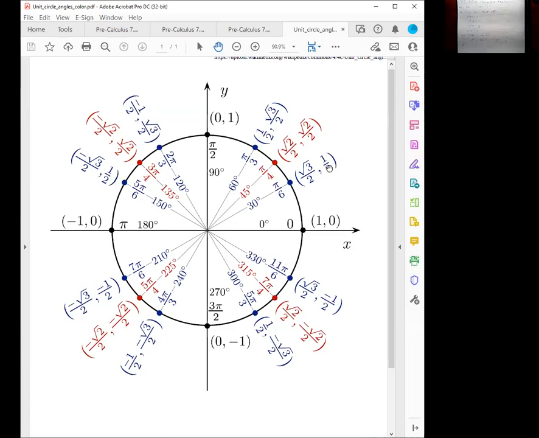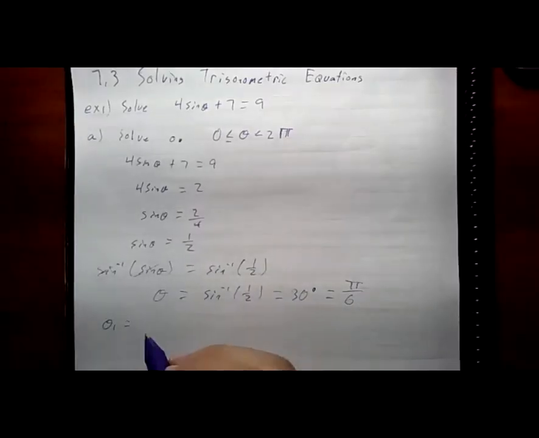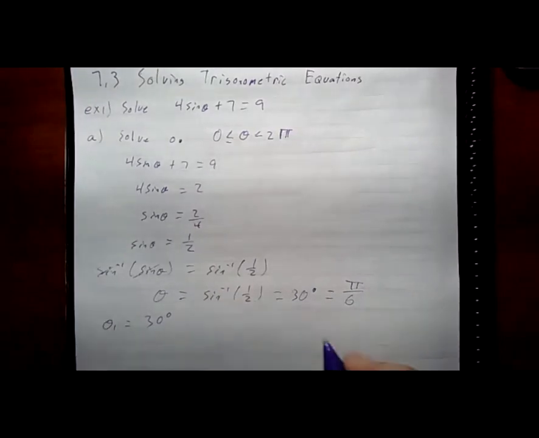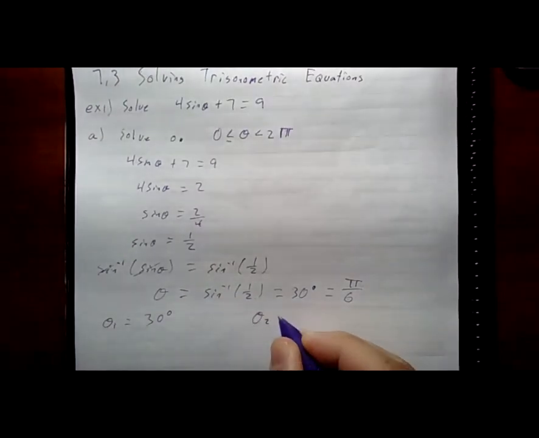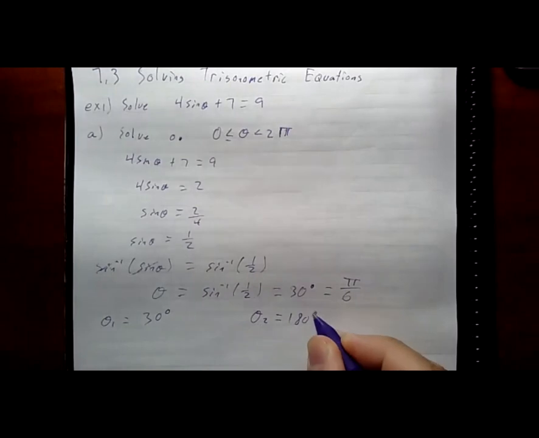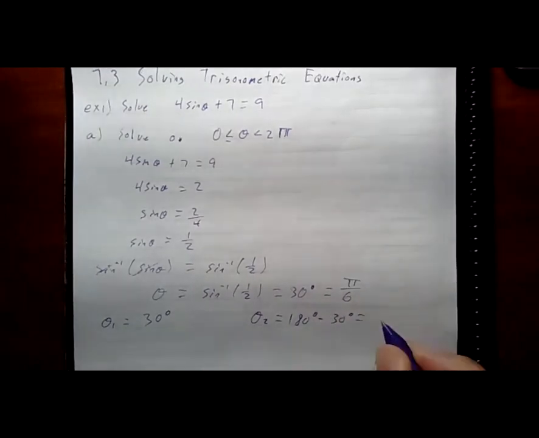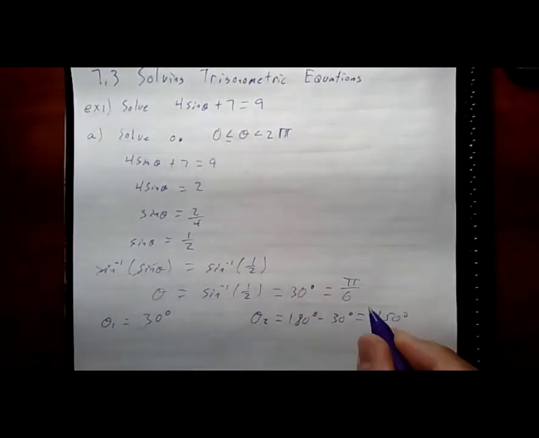So another one, when is the y value 1/2? That would be over here. You see what I'm saying? So there's two of them. The way you find the second one is you subtract from 180 whenever you're using sine inverse. So one answer is this guy. The other answer is this. So there's my two answers.